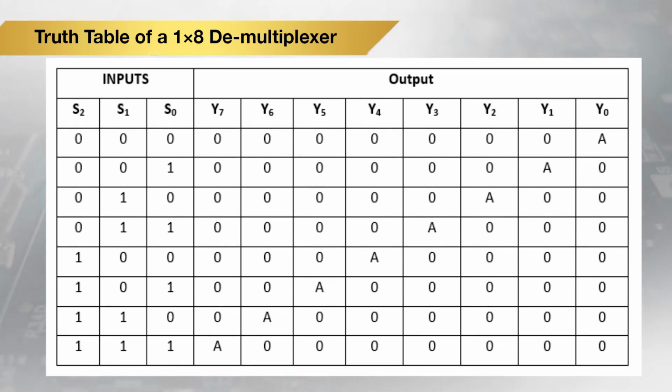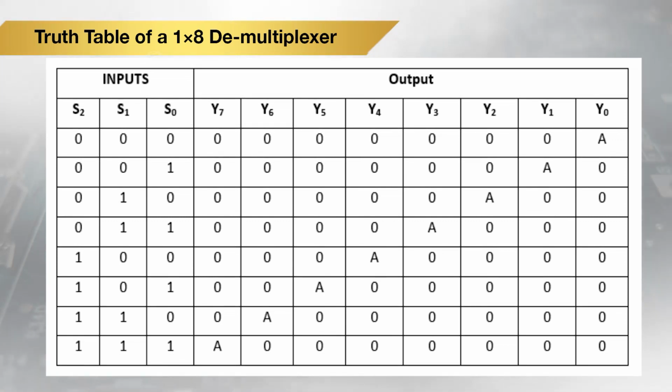If we have 0, 1, 1, in that case Y3 will give the input value A and the rest of the outputs will have logic 0. For 1, 0, 0 at the selection line, Y4 will have the value of A and the rest of the outputs will show logic 0.